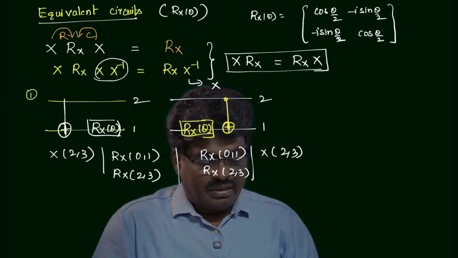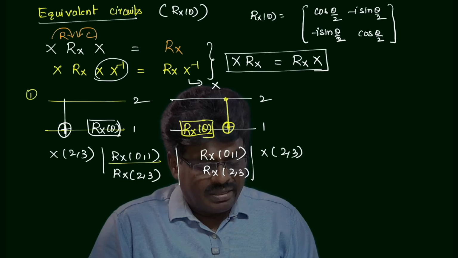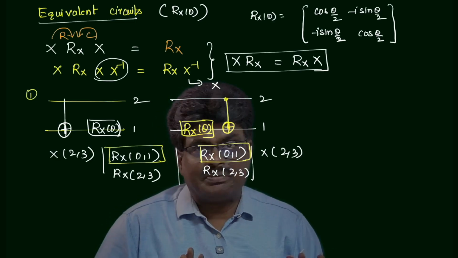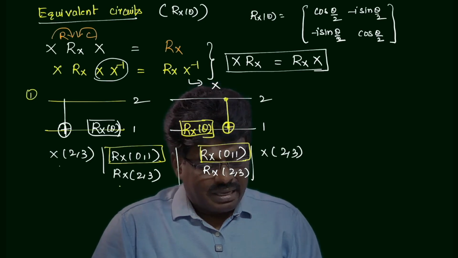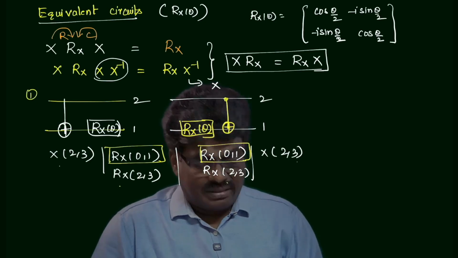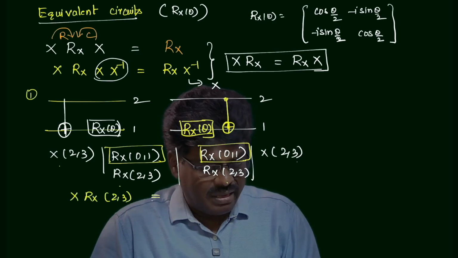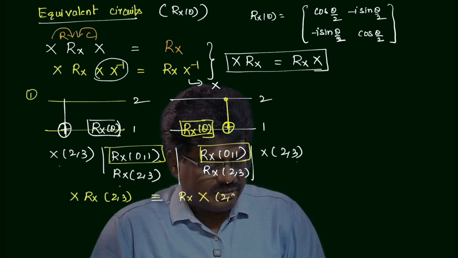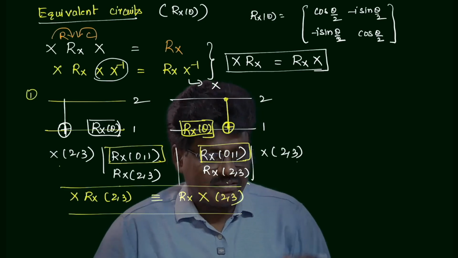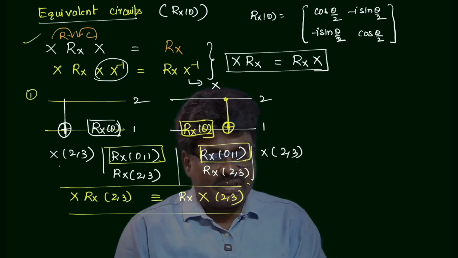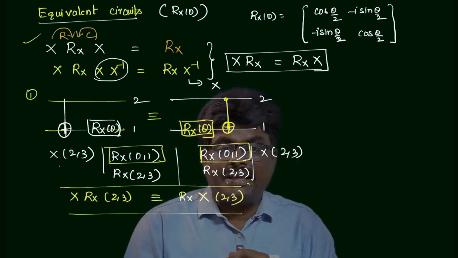Just now I have discussed already, this is Rx of 0 1, this is also Rx of 0 1, so no issue. And this is x Rx and this is Rx x. So x Rx of 2 comma 3 is equivalent by the commutation relation to Rx into x of 2 comma 3. Both are the same, we have just derived it here. That's why we can say these two circuits are equivalent.